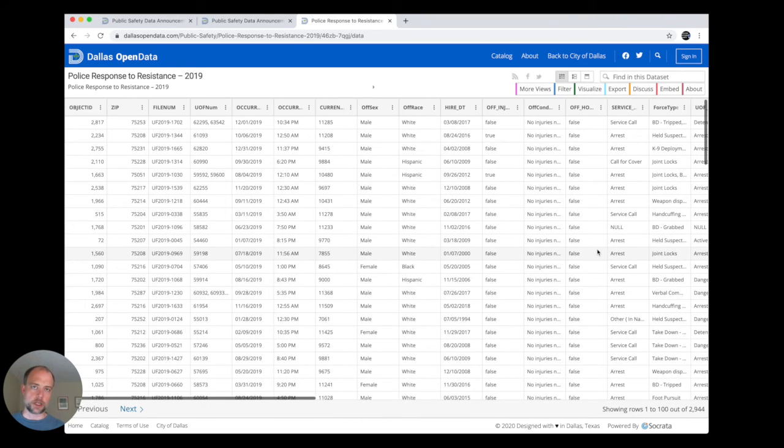Now, here's the thing to understand. When working with this data, an officer will have two things: the number of incidents where they used force, and then the types of use of force. So you may have an officer who has 5 incidents, and each incident only had 1 use of force.